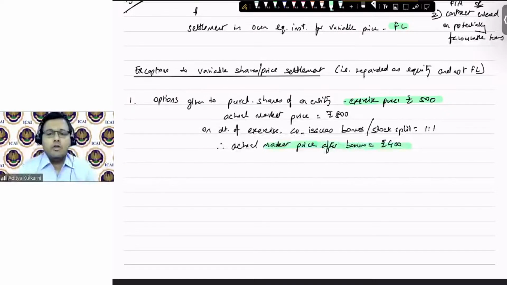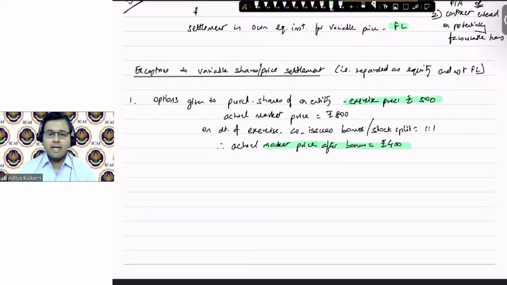You can exercise only after the bonus. That means the bonus was done prior and then the shares became due for exercise. After the bonus, the price became 400 and the exercise price is 500. Will you exercise the option now?